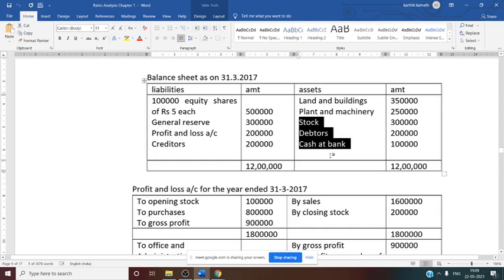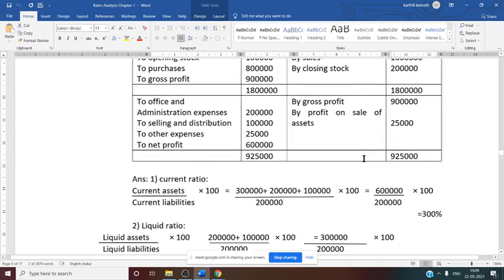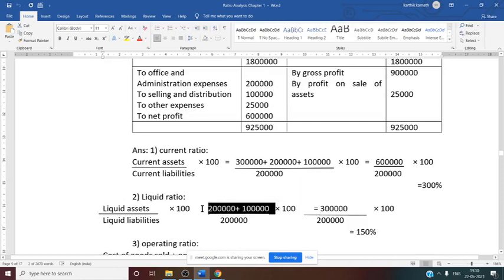Now liquid asset consists of only 2 items, because stock we need to deduct from current asset. So you can directly consider liquid asset as only debtor and cash at bank. Debtor is 2 lakh, cash at bank is 1 lakh. So our liquid asset numerator total is 3 lakh.